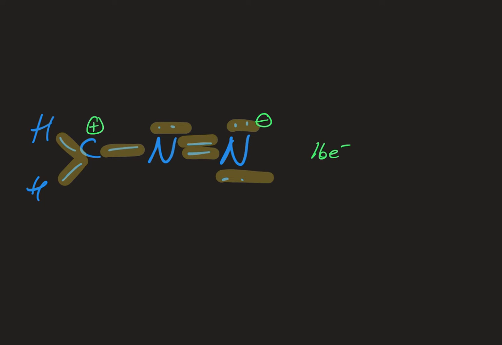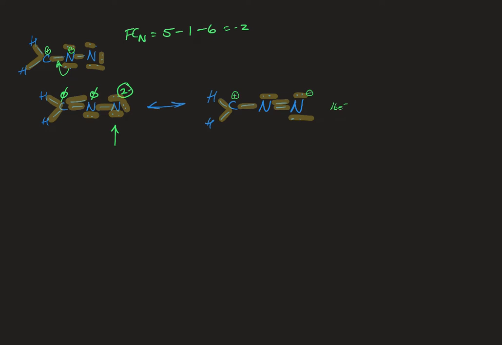And then if there's a lone pair, that's where it's negative. Anywho, overall it's neutral. That's diazomethane. But we could have a resonance structure here where we could put that lone pair and move it here. And then we get a double bond.